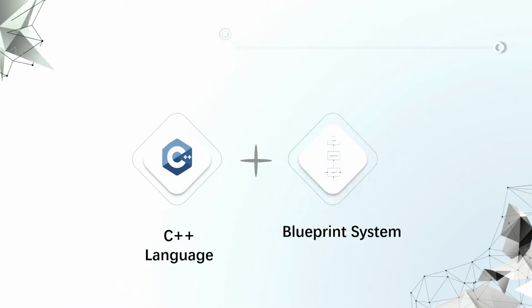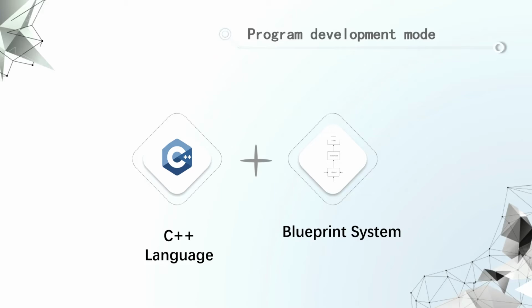This project needs to use a programming language to develop. I chose C++, but at the same time, I also use the blueprint system. It's very important in Unreal Engine. The principle of the blueprint system is actually to express the C++ code in a structured form.